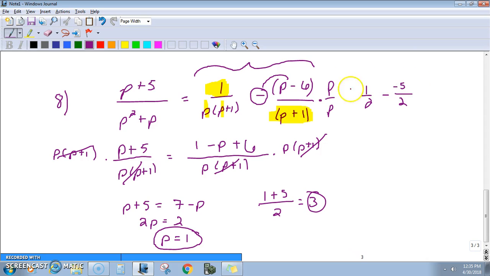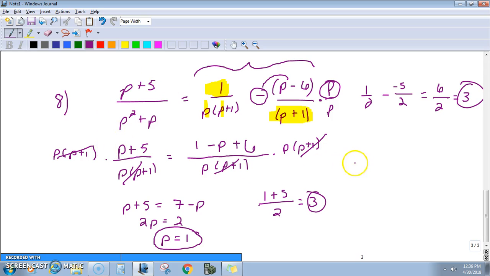And then this p is just 1 out here, so we don't need to change that at all. So 1/2 minus negative 5/2 is equal to 1 minus negative 5, which is positive 6 over 2, which is equal to 3. So it matches. My left-hand side matches my right-hand side if I make p equal to 1.